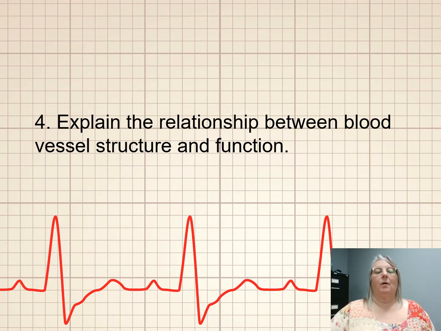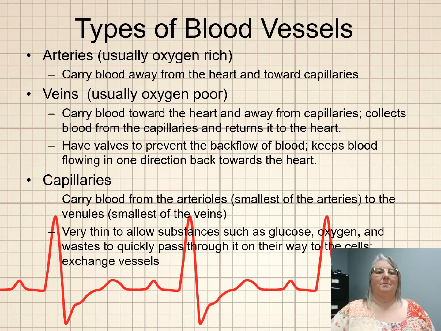Objective number 4, explain the relationship between blood vessel structure and function. Let's talk about arteries, veins, and capillaries. So arteries usually, look at this, usually have oxygen-rich blood. What artery would not have oxygen-rich blood? How about the pulmonary artery?